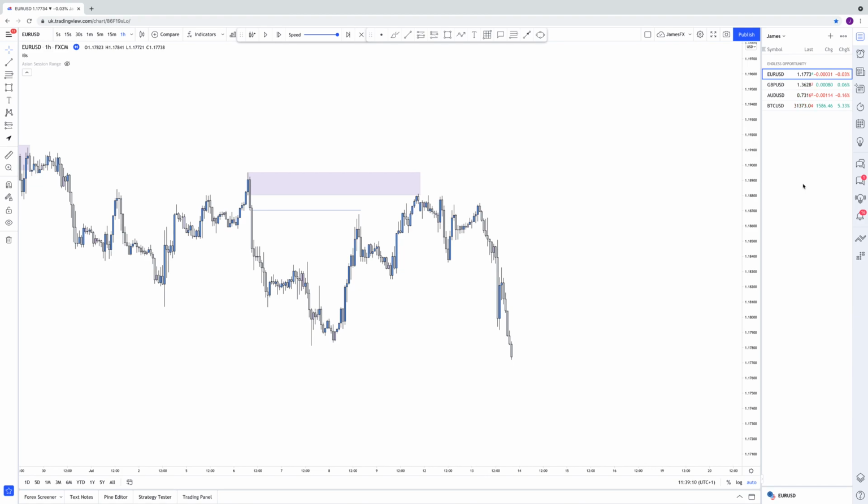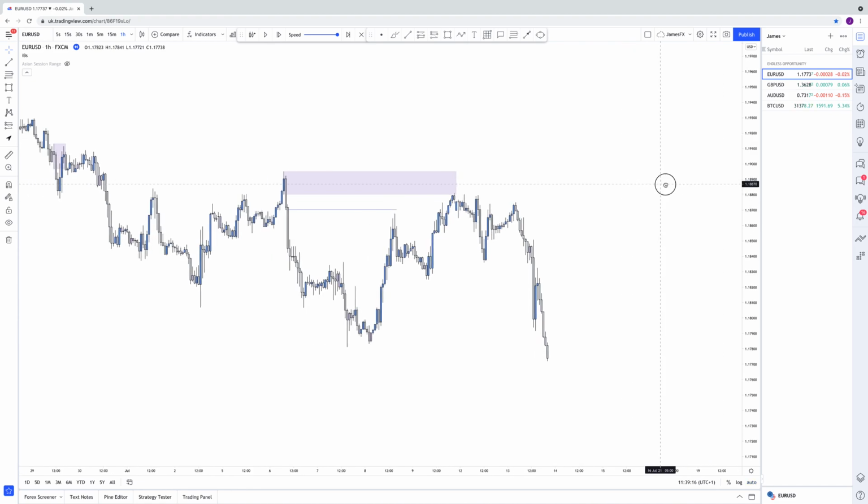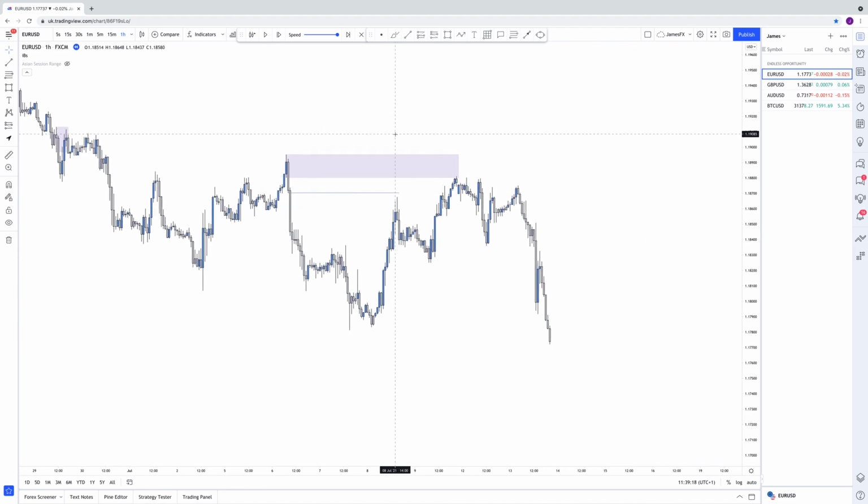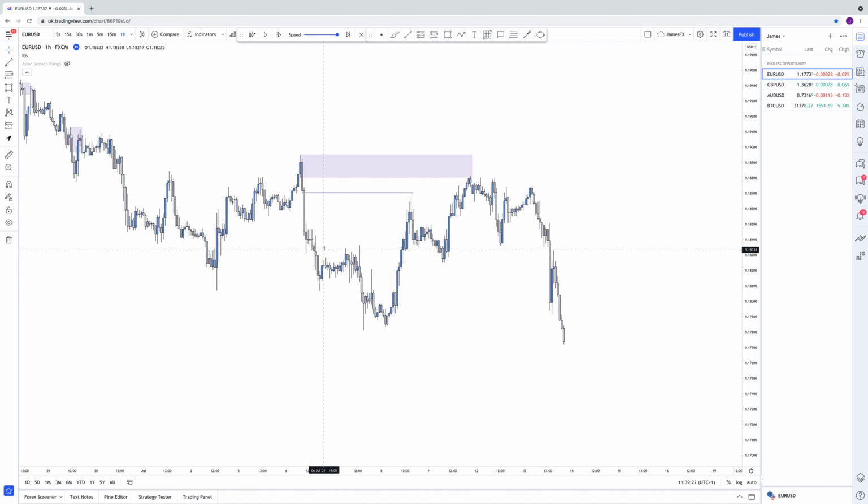So I'm on Euro USD, and I just want to look at this bit of price in here. If we look at this move here, what we can see is price impulsively, we can agree this is an impulsive leg down. A few wicks here after this impulse, but all of these candles, apart from these two, are putting in lower lows.